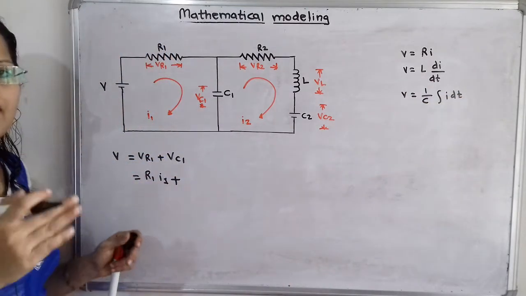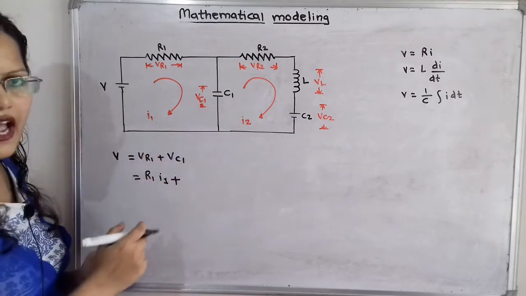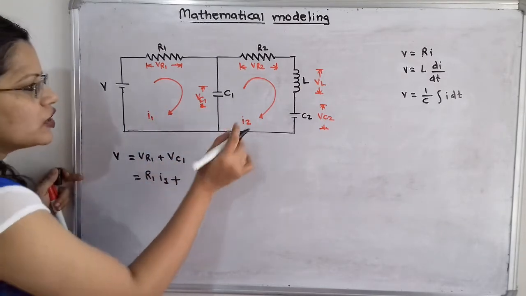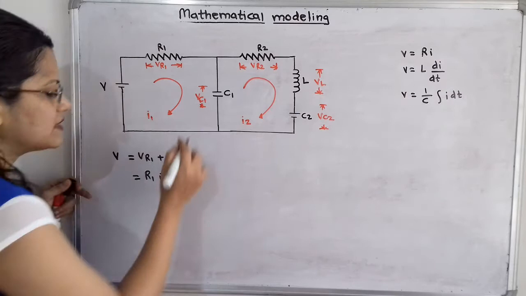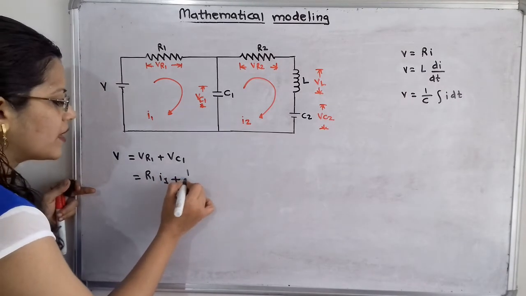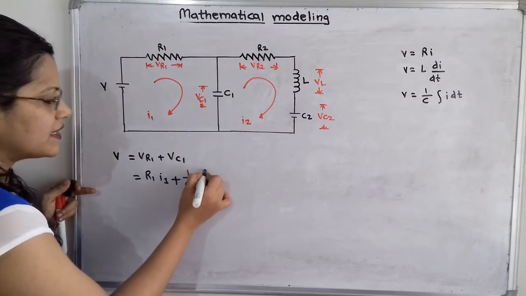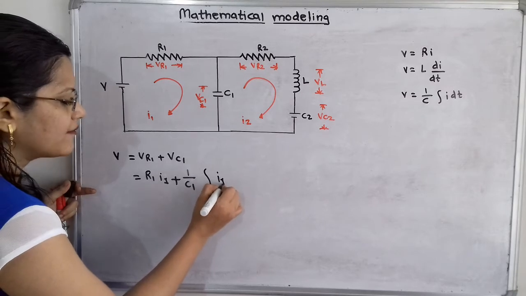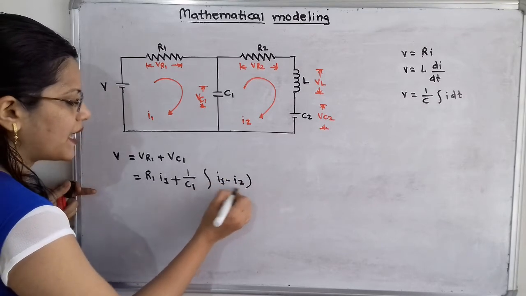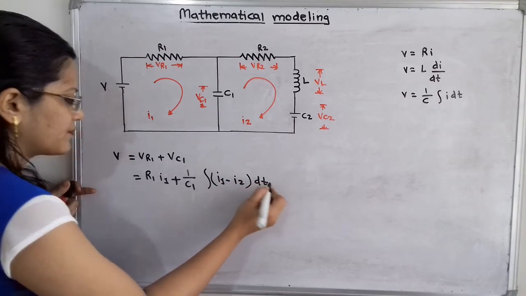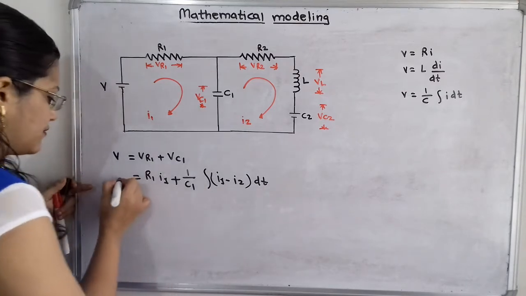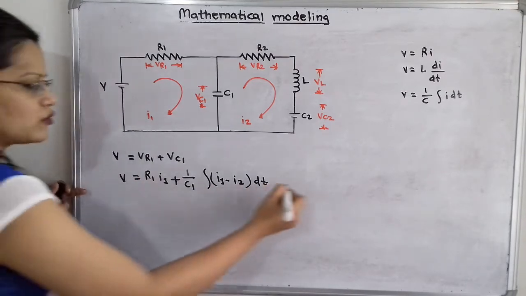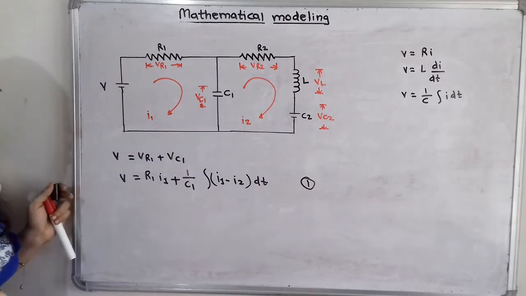So instead of i, we take I1 minus I2, and instead of C, we take C1. So I write 1 by C1 integration of I1 minus I2, bracket complete, dt. So this is the first equation, where the left hand side is V. I give it equation number 1.